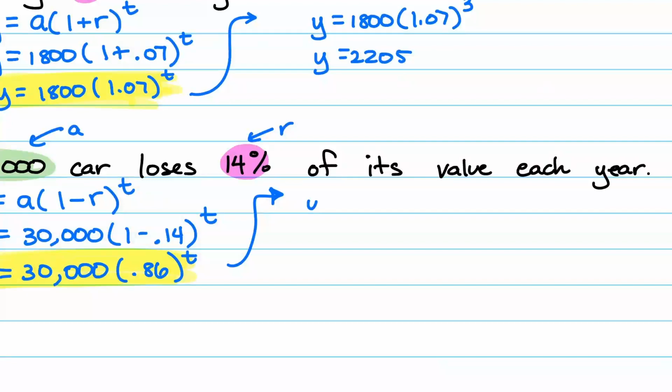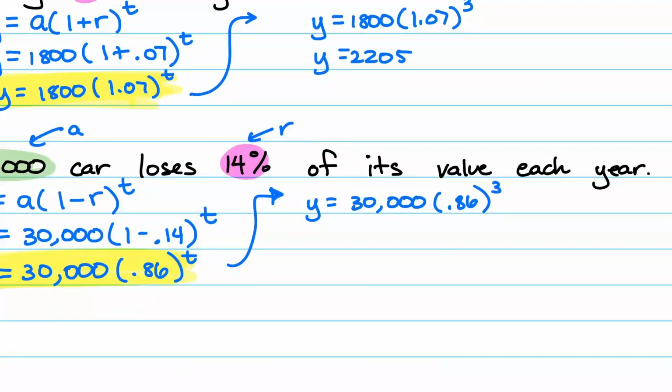That gives me y equals 30,000 times 0.86 to the third power. And all I'm going to do is literally just type that in my calculator exactly the way it's written there. 30,000 times parentheses 0.86, close my parentheses, and raise that to the third power.